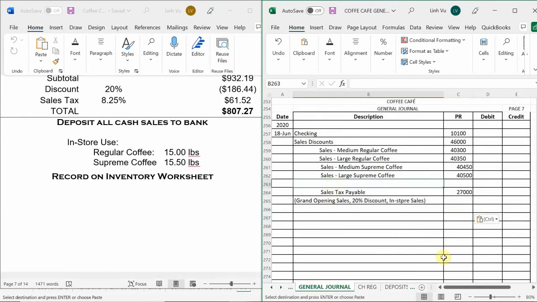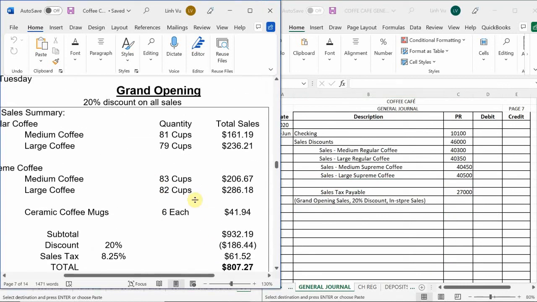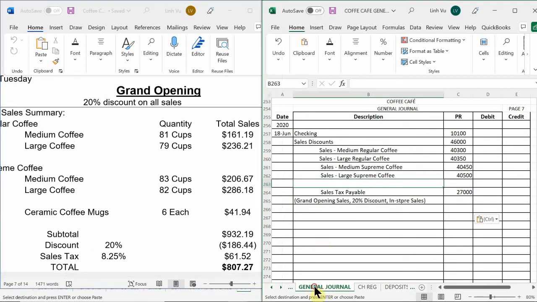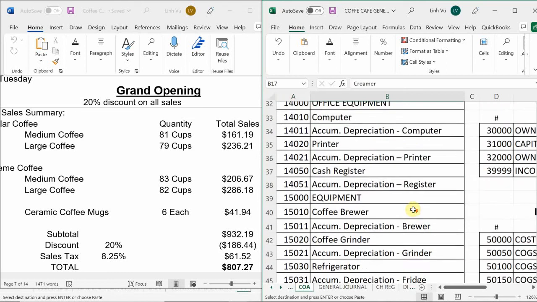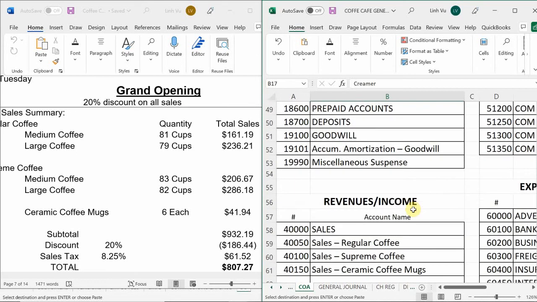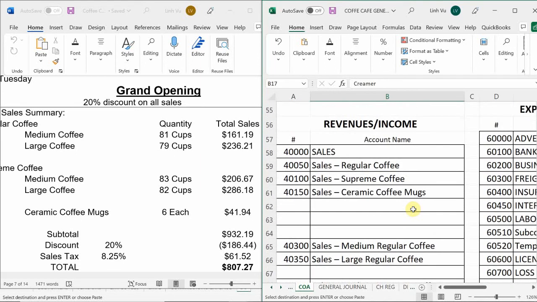Right, because what else did we sell on top of these sales? We need to go to the chart of accounts, because we sold some ceramic coffee mugs. Do we have an account for selling the ceramic coffee mugs?